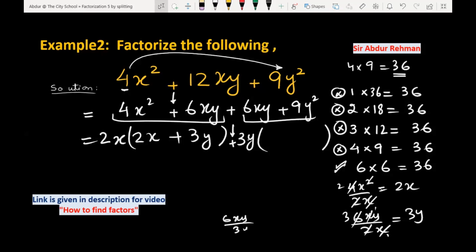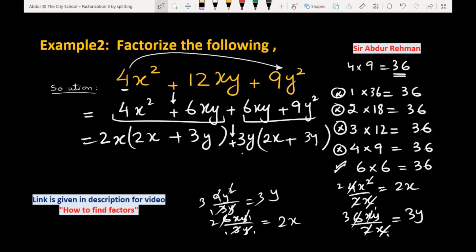Y cancels, 3 twos are 6, so 2x. And 9y square divided by 3y: y by y cancels, 3 threes are 9, so 3y, positive 3y.